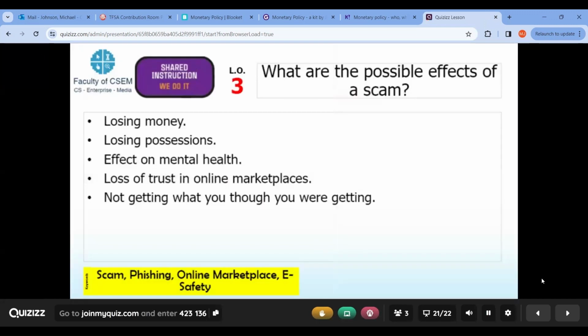So losing money, losing possessions, effect on mental health, loss of trust in online marketplaces, not getting what you thought you were getting. Those are the possible effects of a scam.